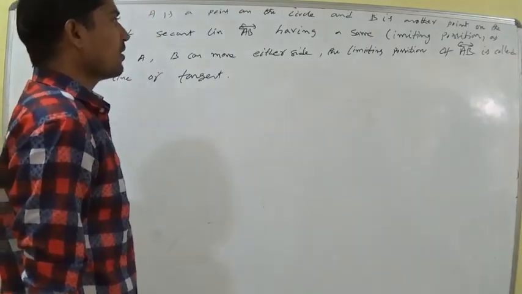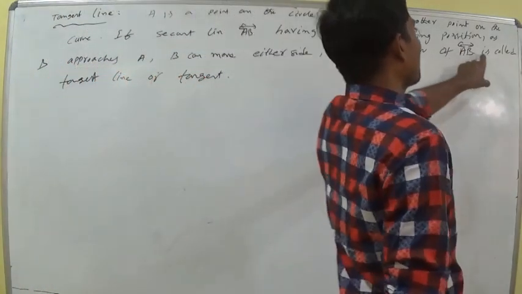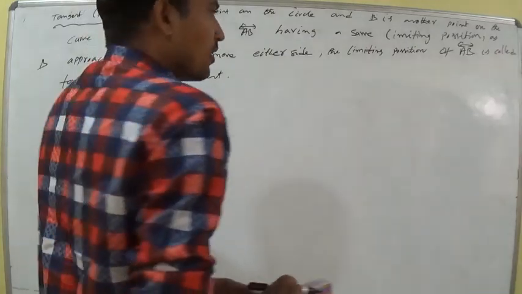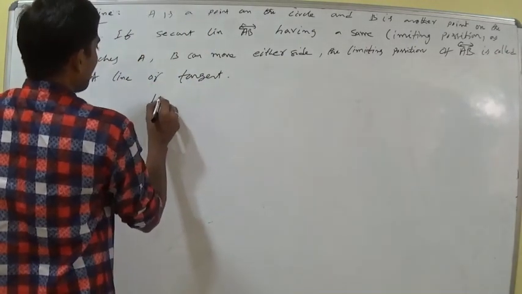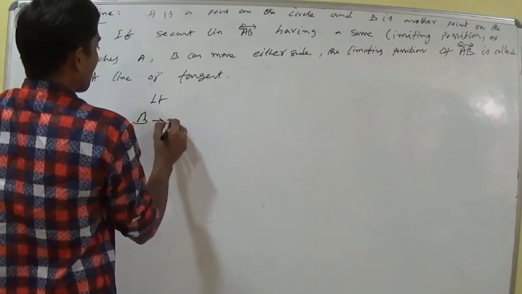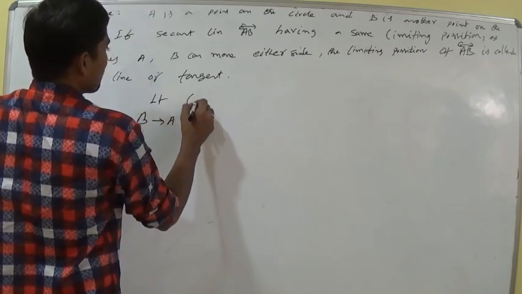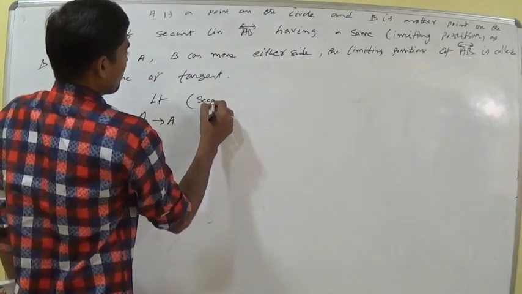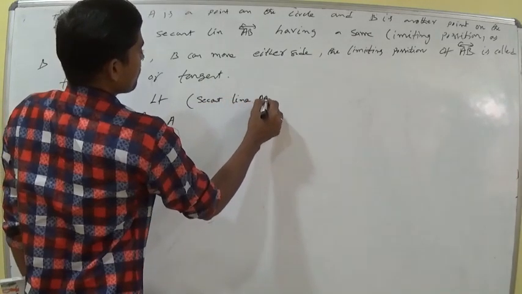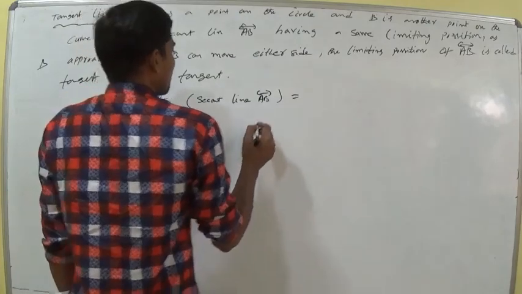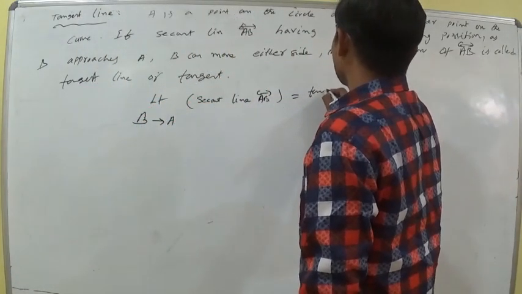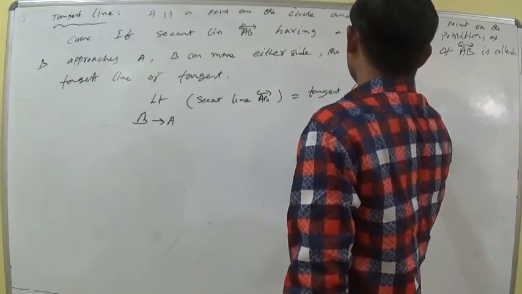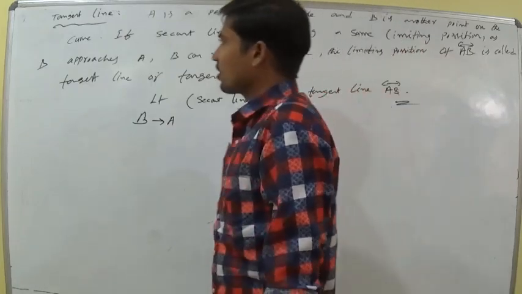The limiting position of AB is called the tangent line or tangent, which implies limit B tends to A, secant line AB is equal to tangent line AB, right? This is the definition of tangent line.